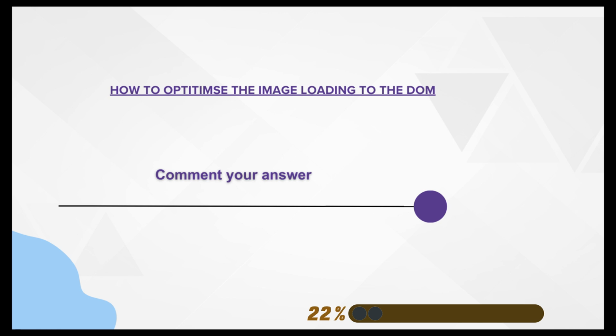See, suppose you have one application, but that image is not in the viewport. When you scroll down, then only that image is visible to the user. But right now it is taking 5 seconds, 15 seconds, and still it is not in the current viewport. When you scroll down, then only it should be visible, but still it is loading into the DOM. So I'm asking, do you know how to do this?